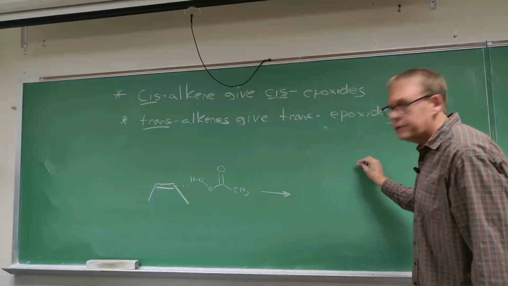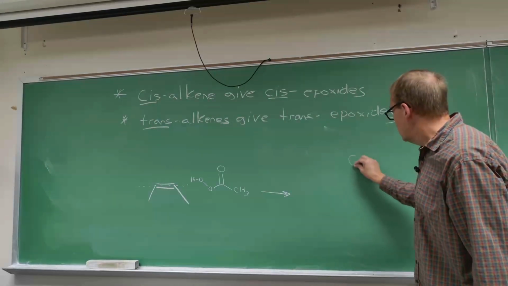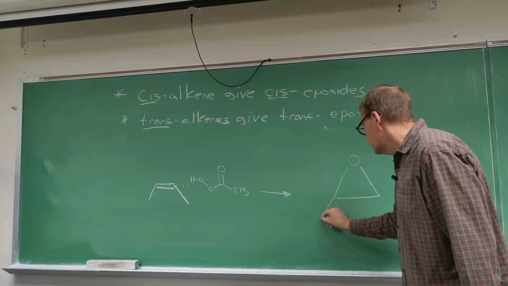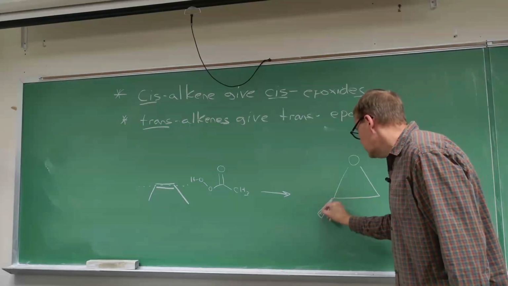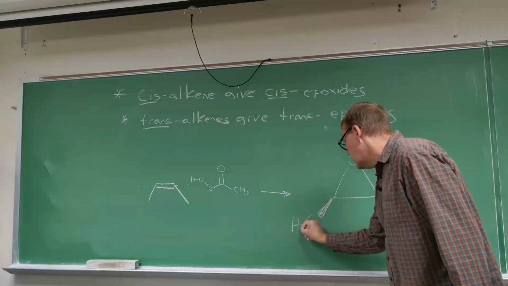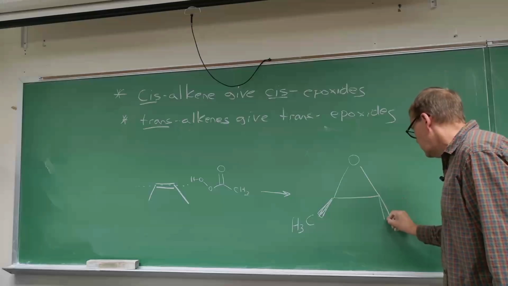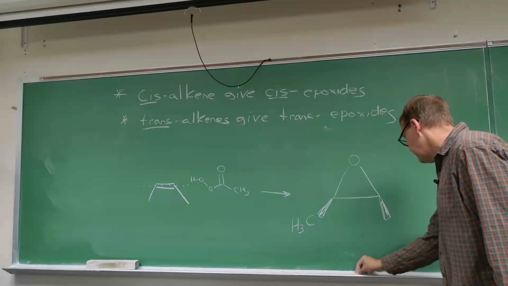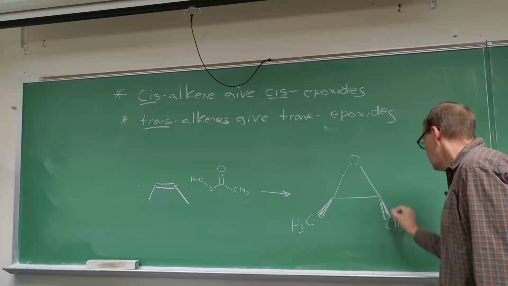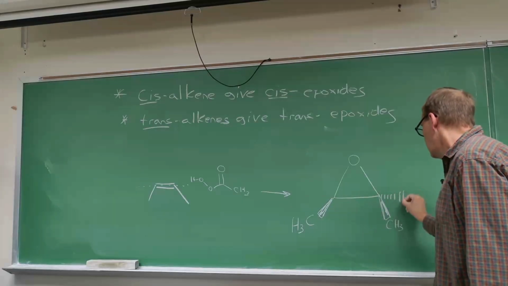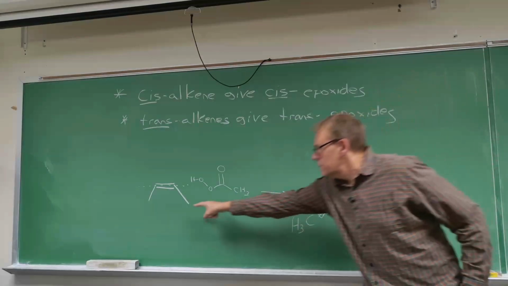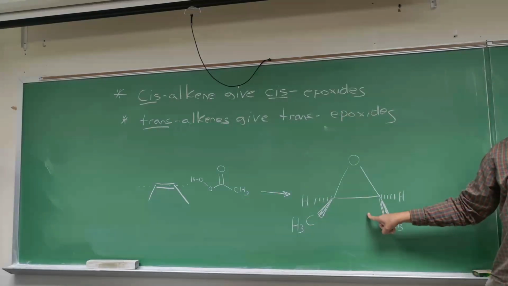So the epoxide product will have the three-membered ring, and the two methyl groups will be pointing in the same direction. CH3 on a wedge bond, CH3 on a wedge bond. So cis alkene leads to cis epoxide.